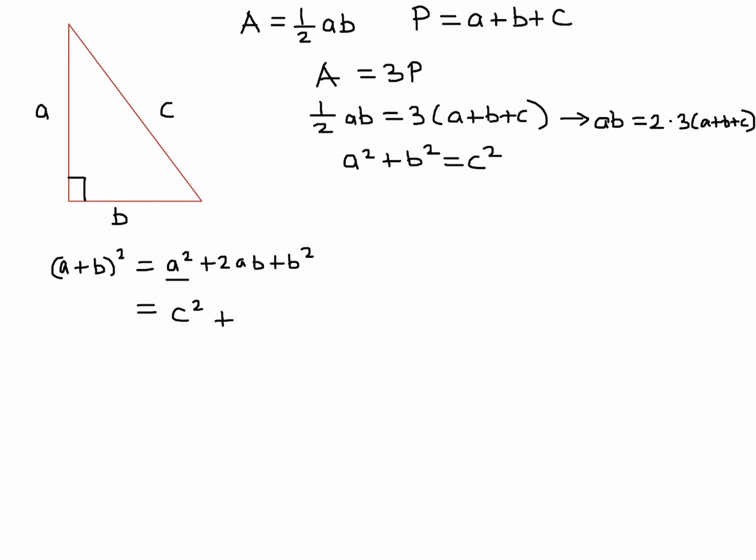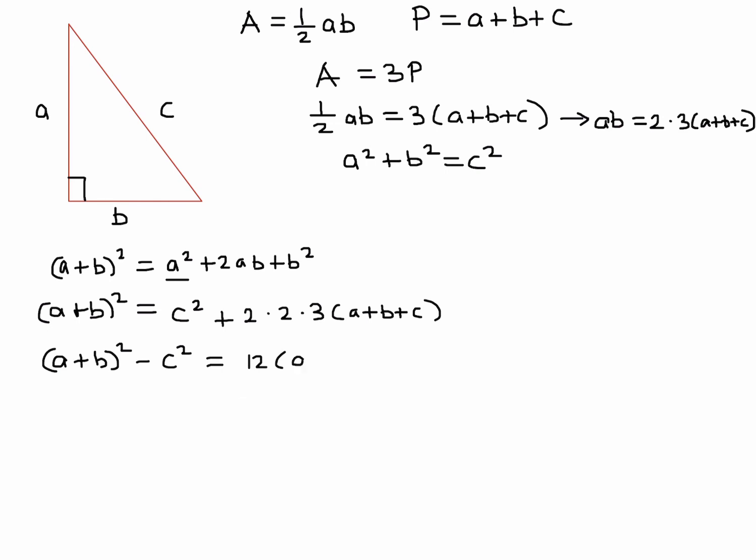So 2ab looks like 2 times ab, which is 2 times 3 times a plus b plus c. And then this we can just leave it like that for now. Okay. Bring this over to the other side. a plus b squared minus c squared is equal to 4 times 3, 12 a plus b plus c.